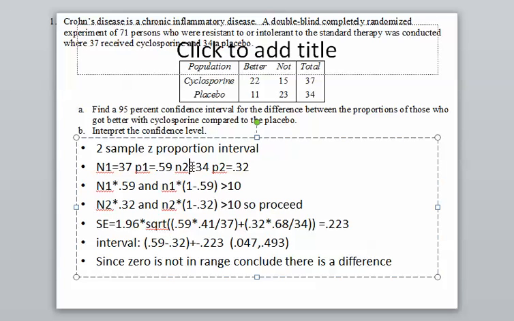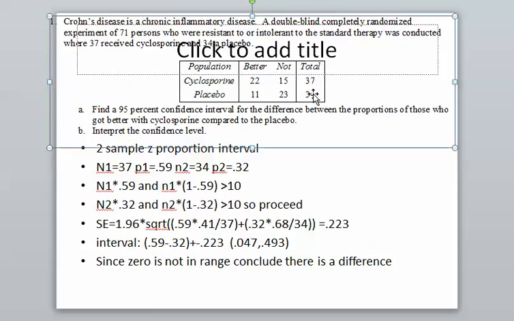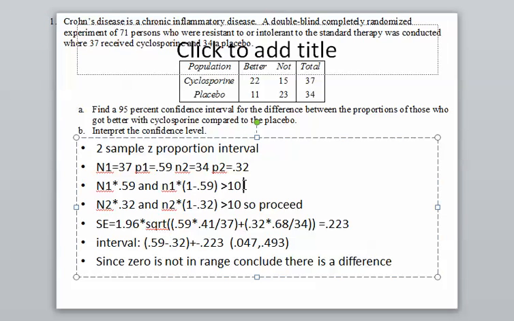My N2 is 34 and my P2 is 0.32. Again, 11 divided by 34. And so when I take N1 times 0.59 and N1 times 1 minus 0.59, do I get something more than 10? And I do. And I also get the same thing when I'm doing it for 2. So I can proceed with this.